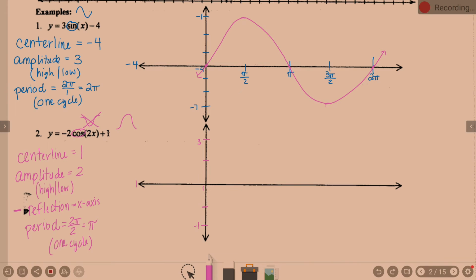I need to label my x-axis. If we are just doing one cycle, which is all you're required to do in my book usually, we have to label as high as what? Pi, because we're going to take this 2 pi cycle and squish it into 1 pi. Now, with that in mind, you have options.